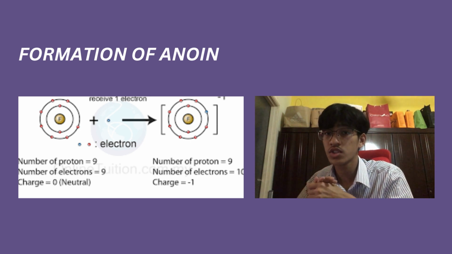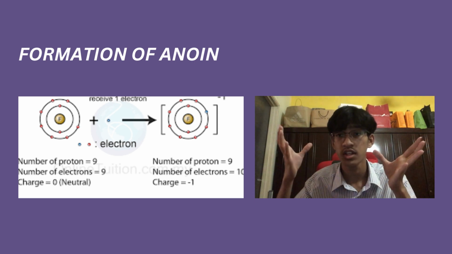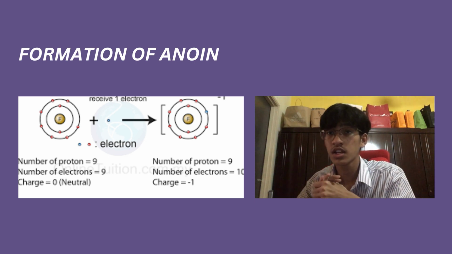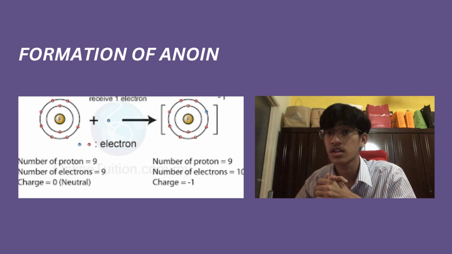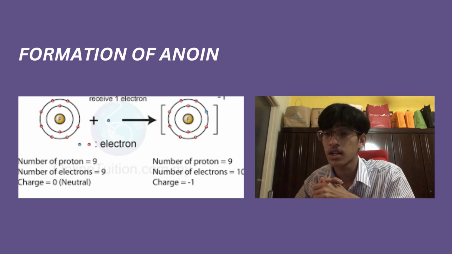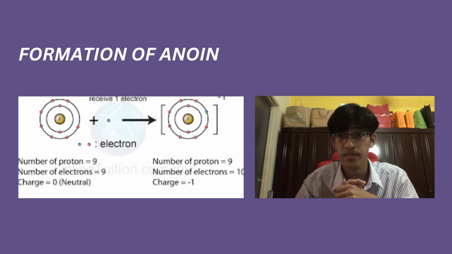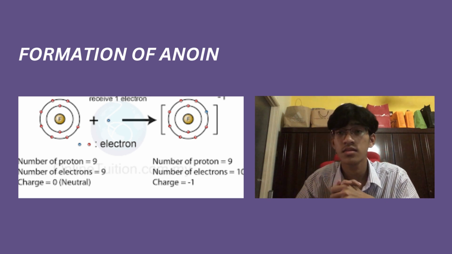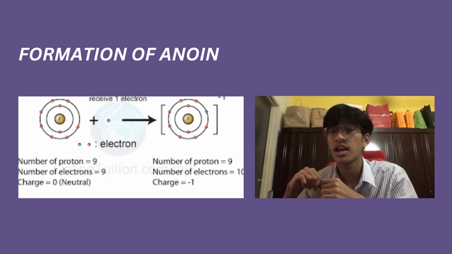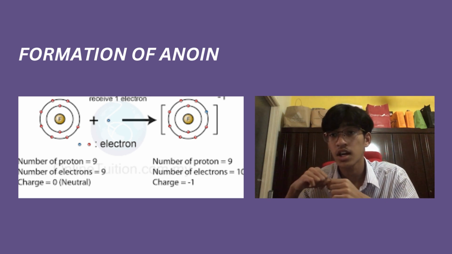So in conclusion of formation of ions, when the atom releases an electron, the atom will become positively charged, and when the atom receives an electron, the atom will become negatively charged.